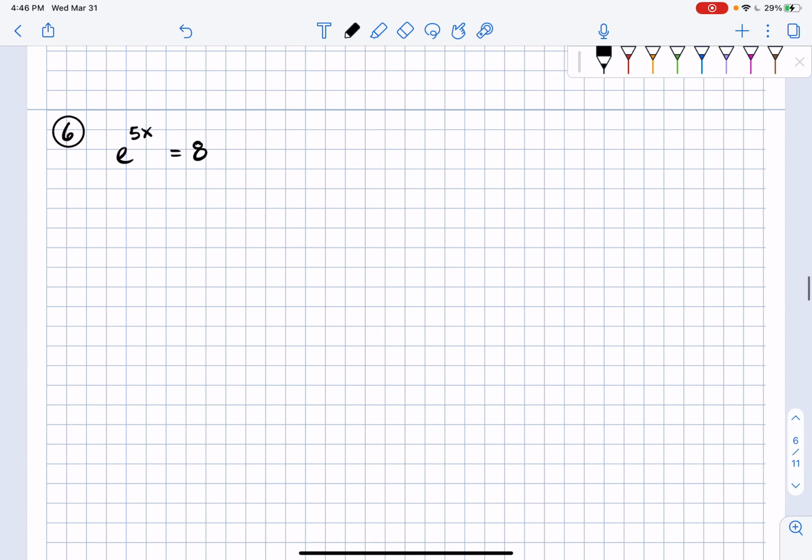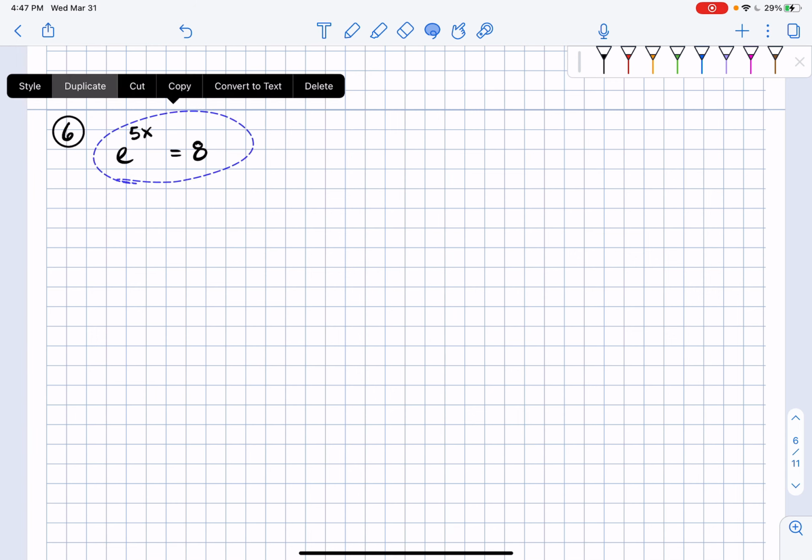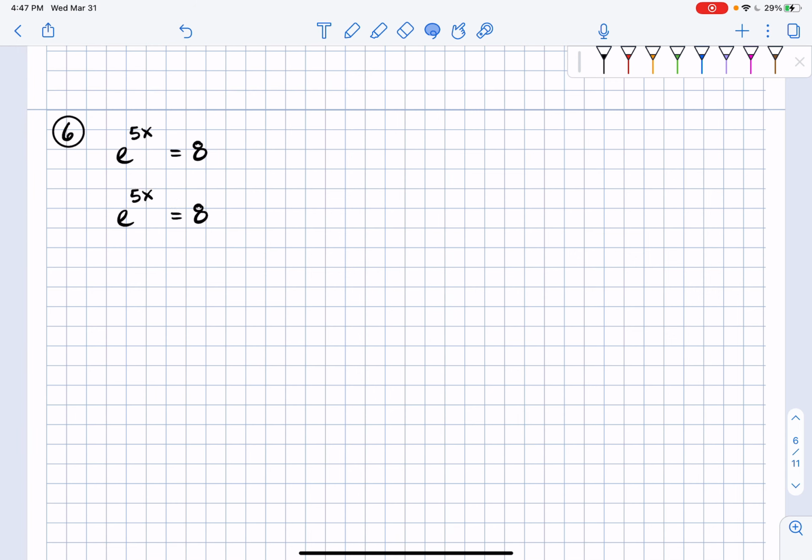All right, 6. Oh, look at that. That's so nice because that's already got the E by itself, right? The only thing we got to do now is just take the ln of both sides.